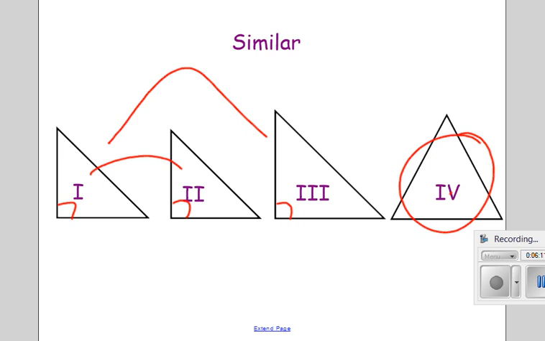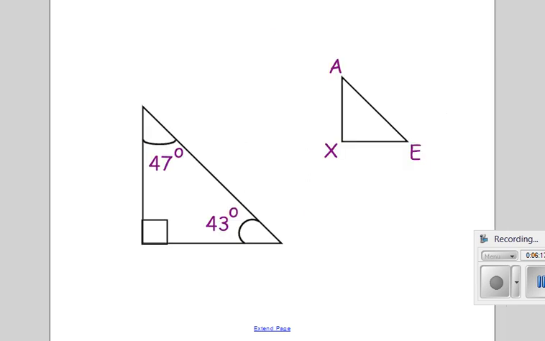So what does that mean in terms of figuring out unknown ideas when it comes to similar triangles? When you have similar triangles, what you come away with is the fact that you get ratios or proportions. Right? Maybe proportions is the better word.